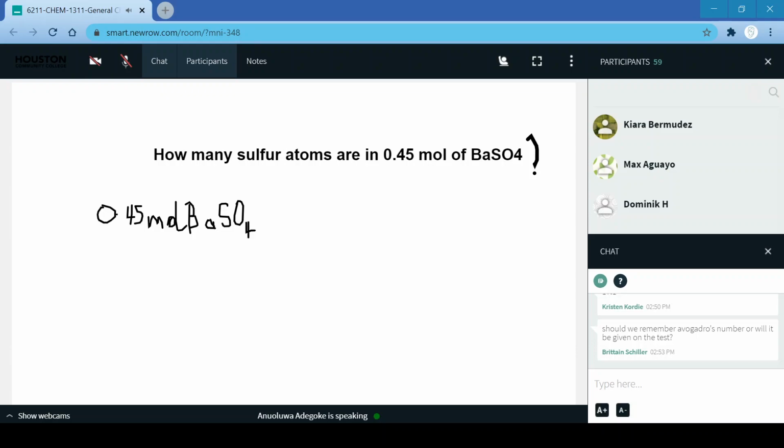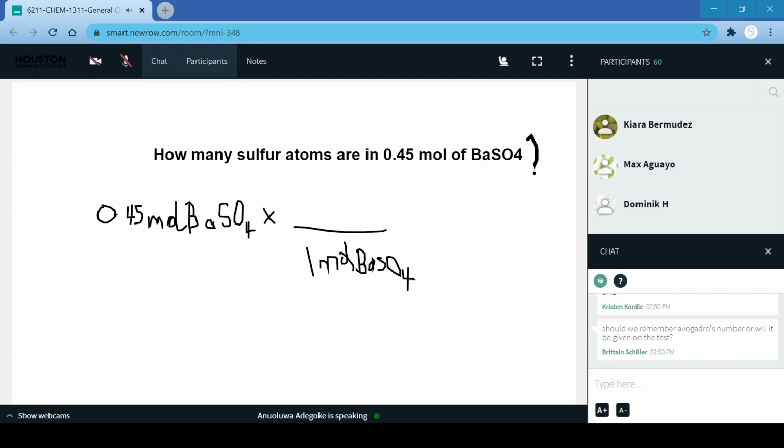Okay, so we multiply that by, we say that 1 mole of barium sulfate contains how many moles of sulfur atoms?